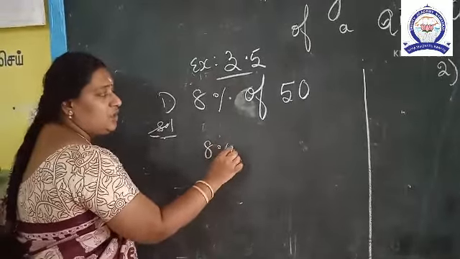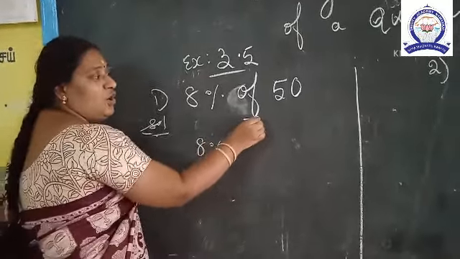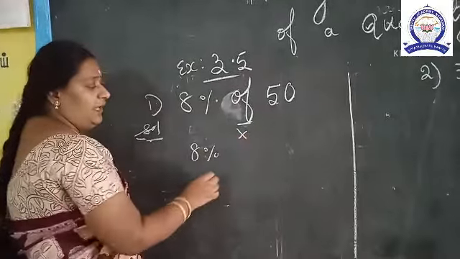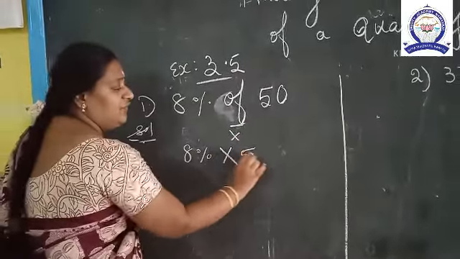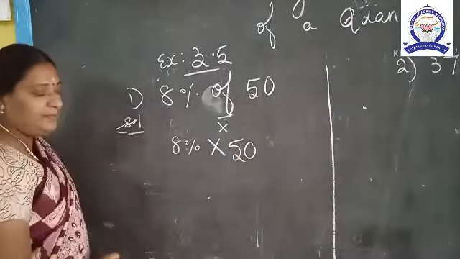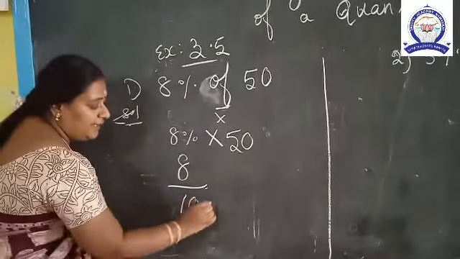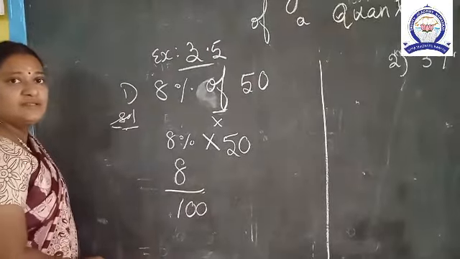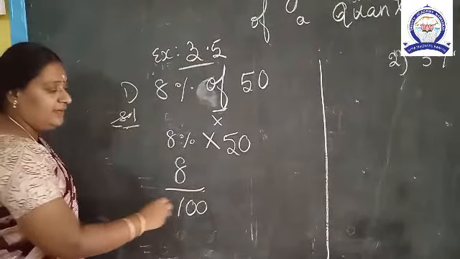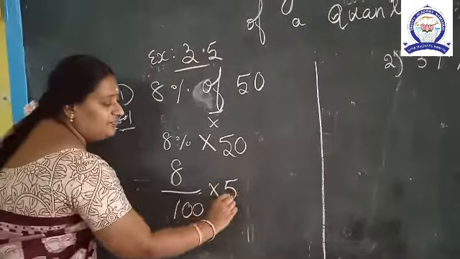8% of 50 means, of ங்கிற இடத்துல into போடணும். Okay, 8% into 50. Next step, 8% can be written as 8 by 100 into 50.